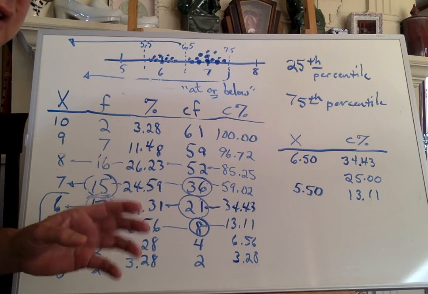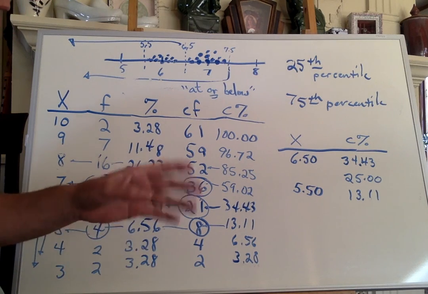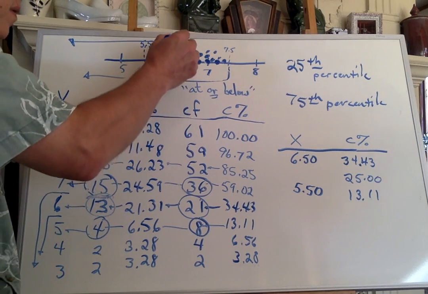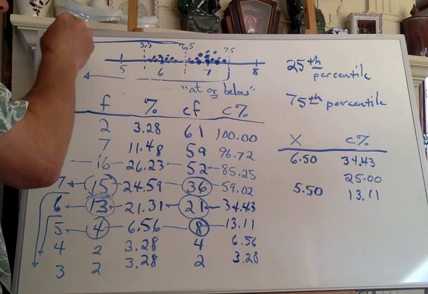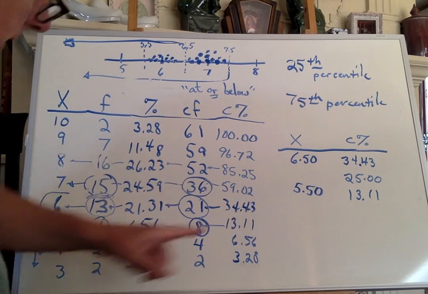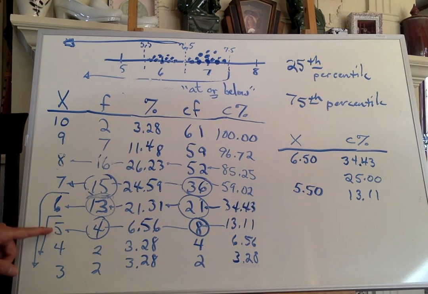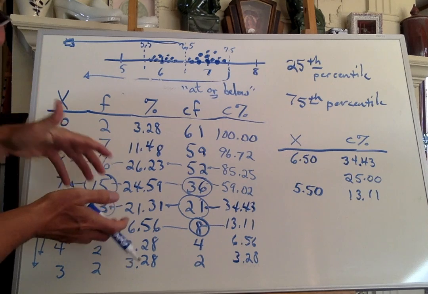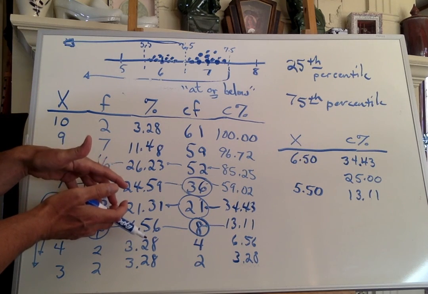There's another mistake that people make sometimes, and let me just use this example. So I'm going to use 6.5 and everything below it, right? And then when we get down here, sometimes people are like, well, shouldn't we use the lower real limit here? Because they think we're going in and taking a chunk like this, and that's not really what we're doing.